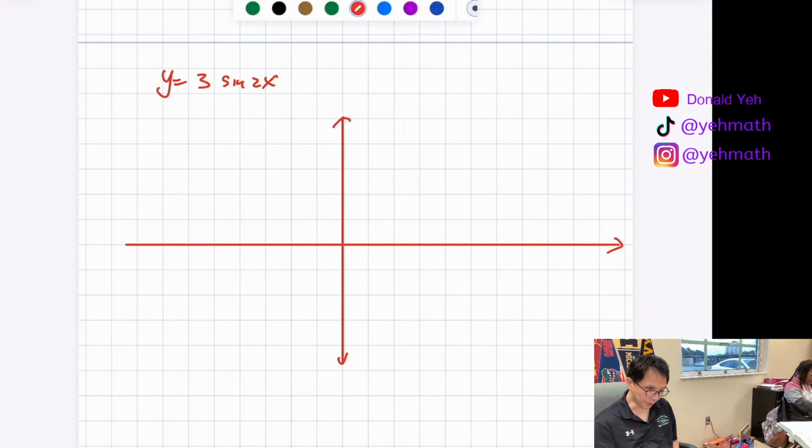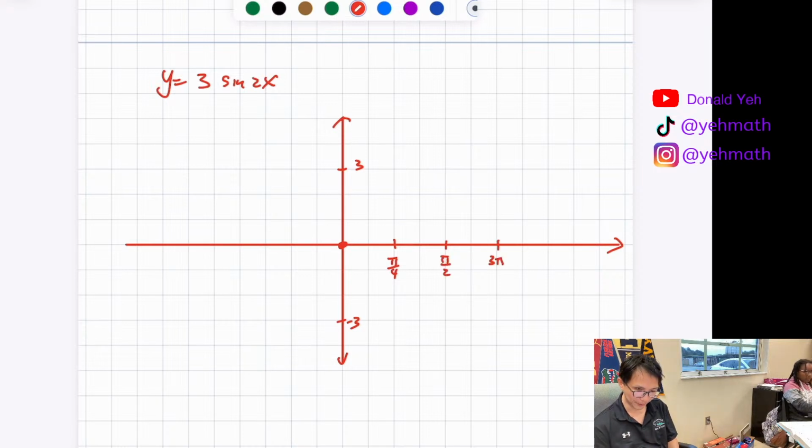Now the amplitude is 3, so I'm going to go up and down by 3. So this is where I start. Now they say a quarter period is what? Pi over 4. So I'm just going to increase each one by pi over 4. Exact same distance. The next one is going to be 2 pi over 4, which simplifies to pi over 2.